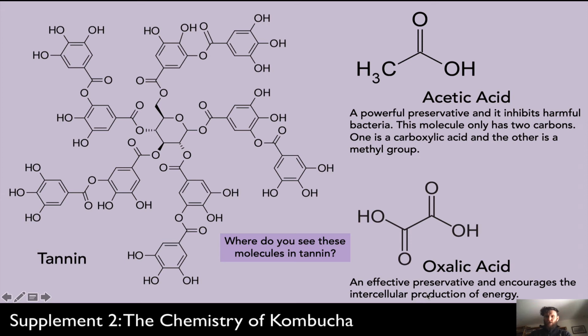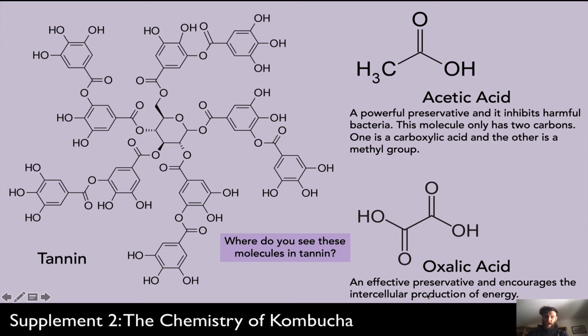We went through the structure already, and the molecule below it is called oxalic acid. Kind of similar to acetic acid, but it has 2 acid groups on it. It's only 2 carbons long, but each carbon has a carboxylic acid on it. This is a pretty effective preservative.